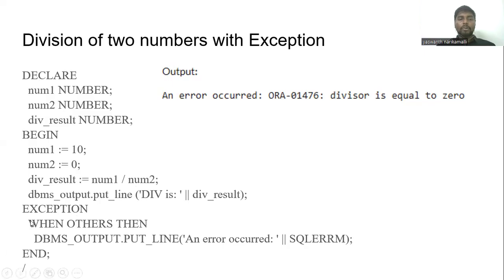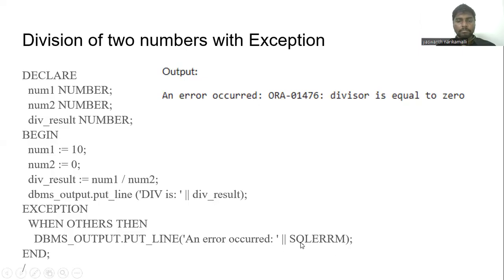See here the keyword when others then. When others then means any other value. It means we are asking to print that an error occurred, to say what the significance of the error is and the description of the error. We use SQLERRM.